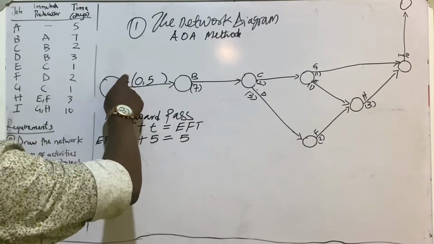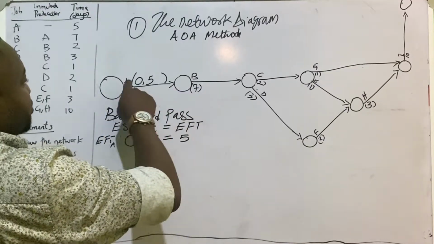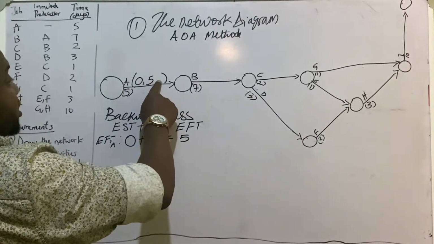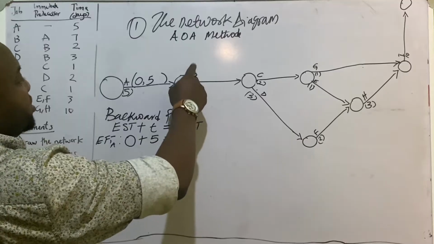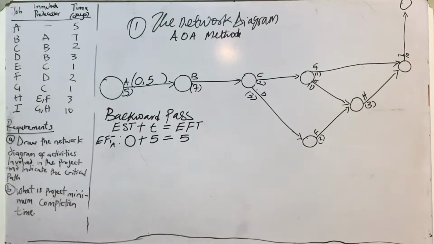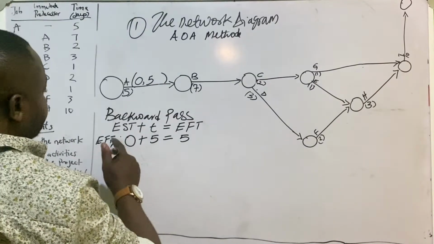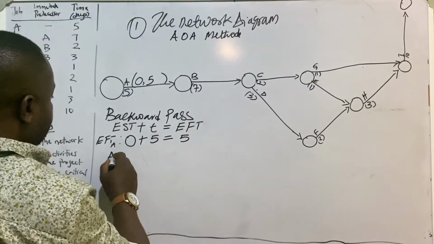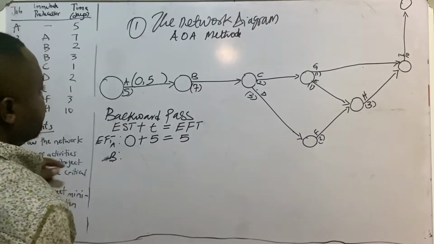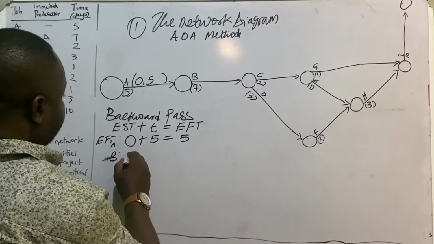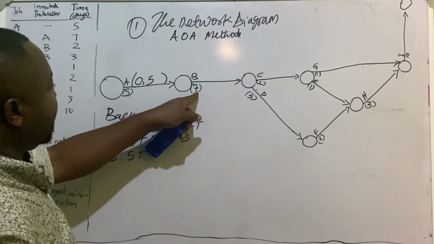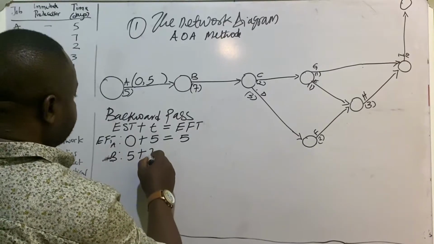In this instance, A is preceding B, so the earliest finish time for activity A will automatically become the earliest start time for activity B. So for activity B, the earliest start time will be 5 plus the time for the activity, which is 7.